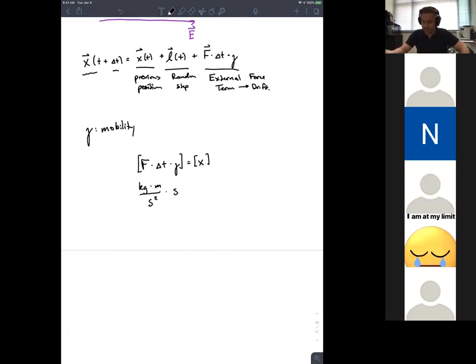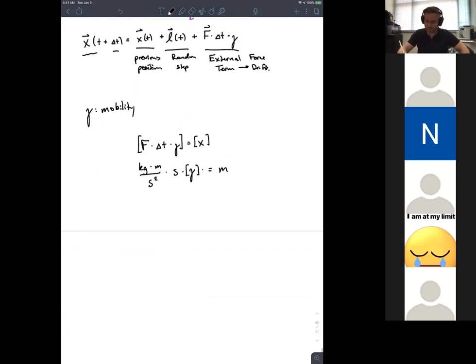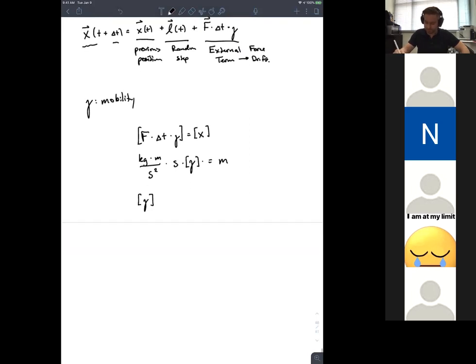The units of time are seconds. Gamma is what we're interested in, and we want this to come out giving us units of meters. You can do the algebraic massage, and what you get is that gamma has units of seconds per kilogram.